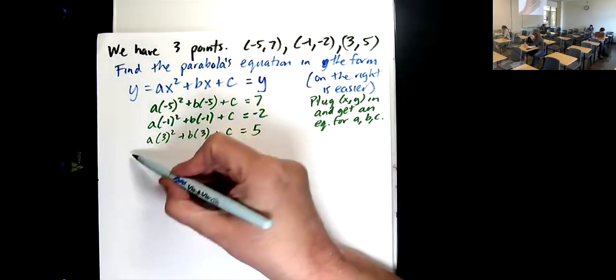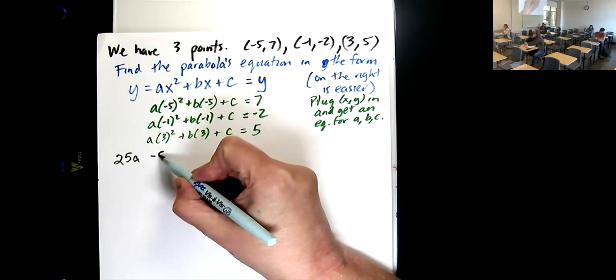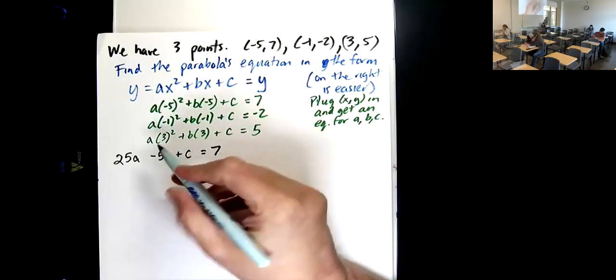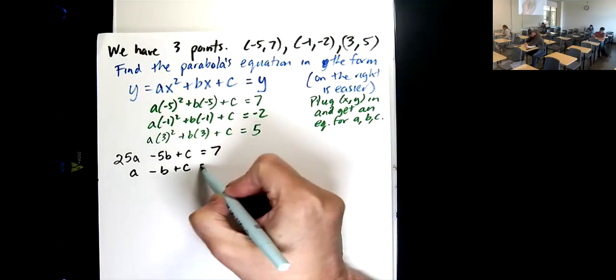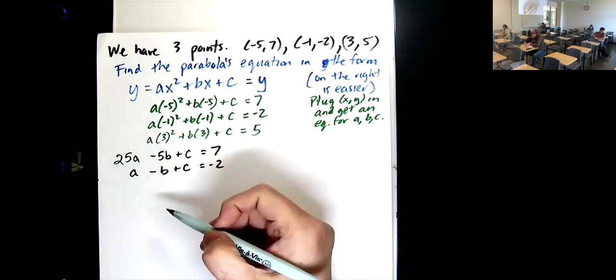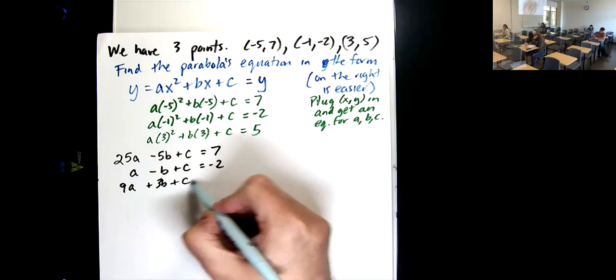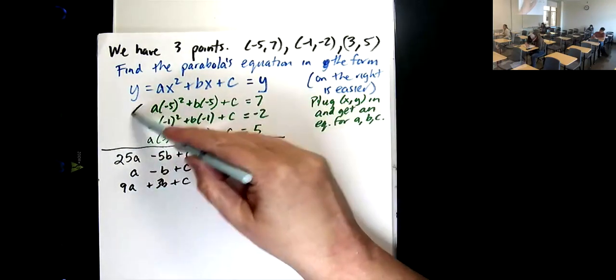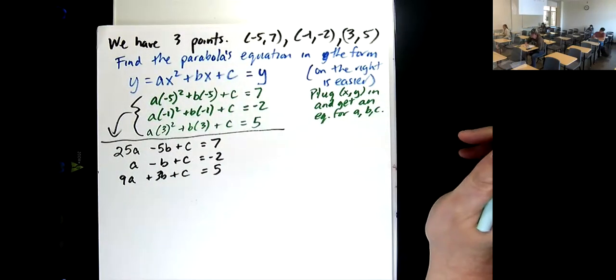Clean that up. I've got 25A minus 5B plus C equals 7. A minus B plus C equals -2. And 9A plus 3B plus C equals 5. That's just rewriting these, dealing with the squares and putting the numbers in front.